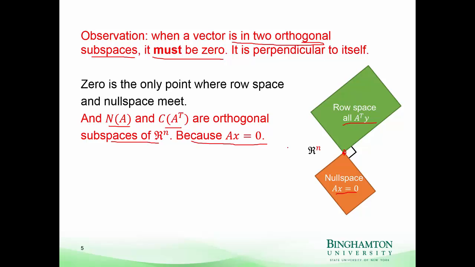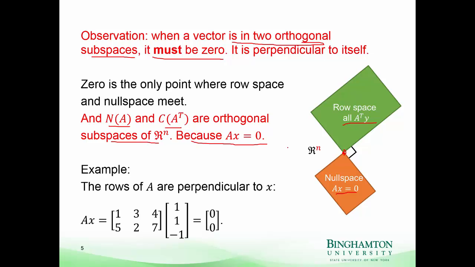Well, we'll explore that a little bit farther, but let's just look at an example here where we're looking at the rows of A. So those are the things that make up or span the row space. And so here is a vector that is clearly in the null space. The reason that it's in the null space is because, when we multiply it, we get zeros over here. But what is that multiplication?